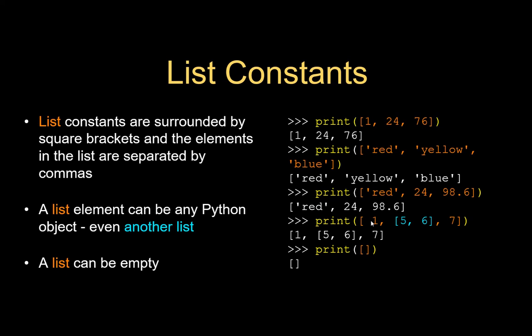In this case the first value is 1, the second value is a list itself, which is 5 and 6, and the third value is 7. If we print it, we get this list which is included in the parent list. And we also have an empty list which has nothing inside of it.